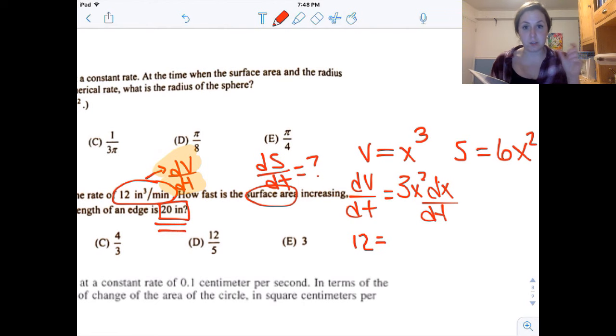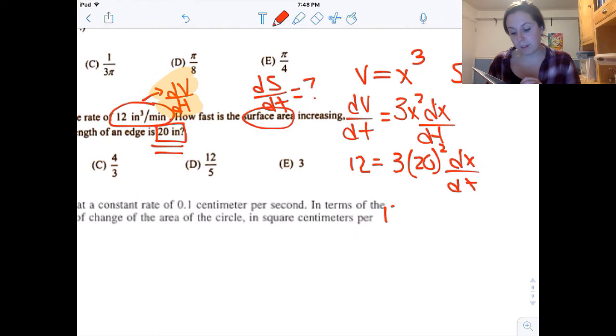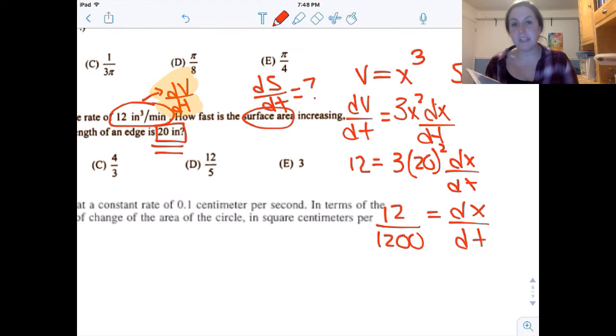So 3 times 20 squared dx/dt. Okay, so this would be 12 over 3 times 400, which is 1200, dx/dt. So that is my value for dx/dt.